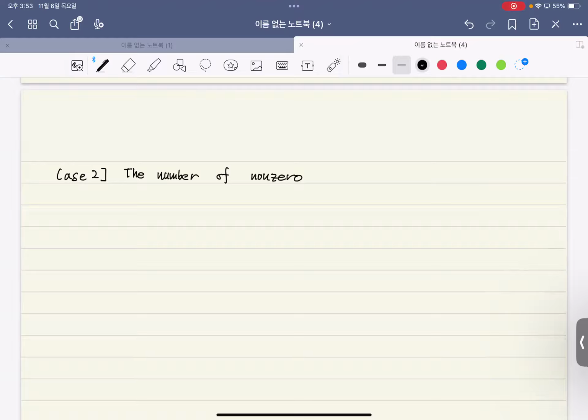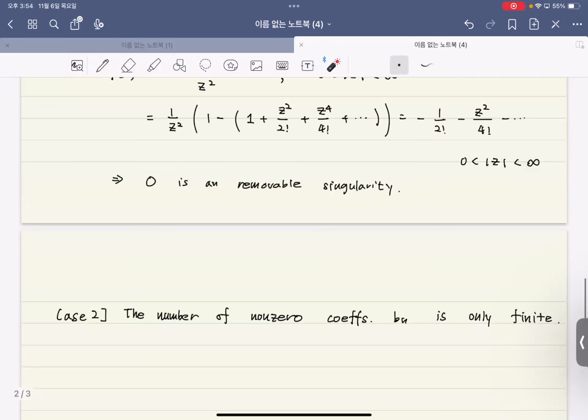The number of non-zero coefficients from your principal part of the Laurent series is only finite. Okay, what does it mean?